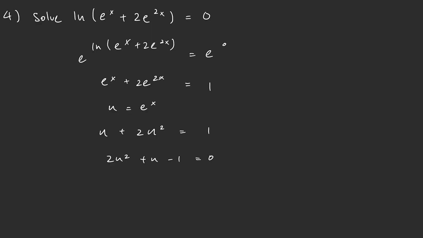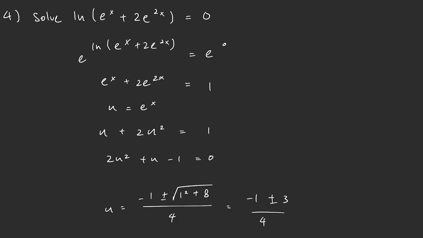So u is negative b, which is negative 1, plus minus the square root of b squared, 1 squared, minus 4ac. It's just 8. Because we have a negative 1, the two negatives become positive, over 4, because it's 2a, and this simplifies to negative 1 plus minus 3 over 4.